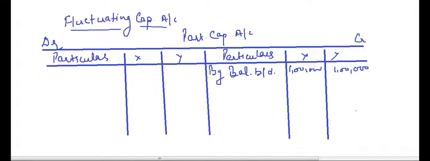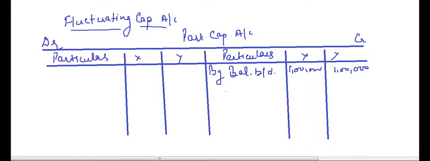Now all the transactions, all the appropriations that we are doing in the P&L appropriation account will be done through the partners' capital account directly, because the partners' capital can change now. Under the fluctuating capitals, we are not under the compulsion that the partners' capital cannot change. So all the transactions will be done through the partners' capital account and not through the partners' current account.